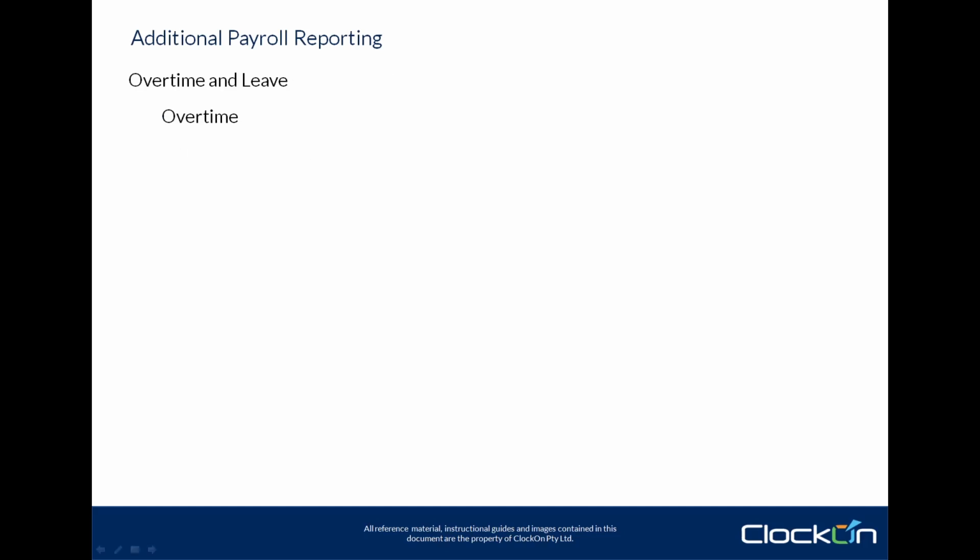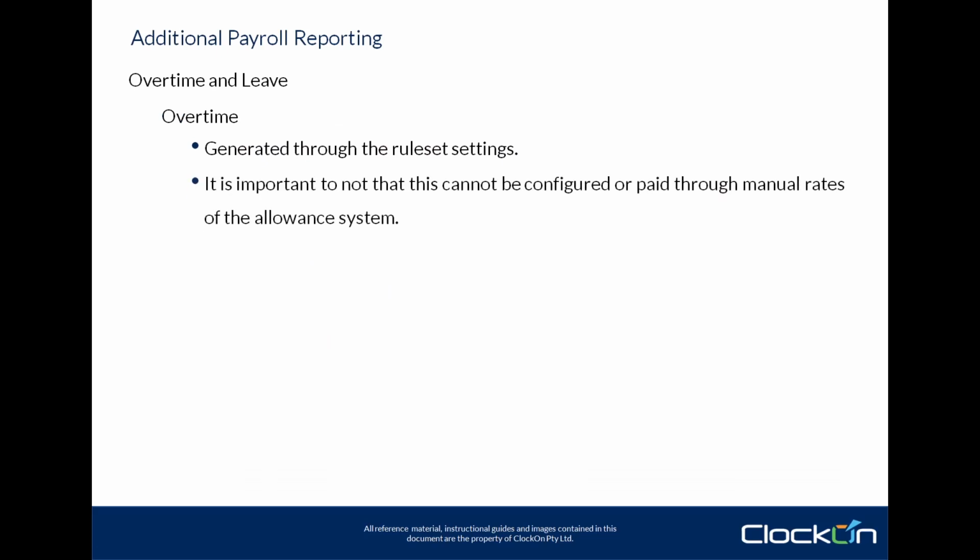Next, we have overtime. Overtime is only generated through the rule settings. It's important to note that with STP2, overtime is recorded. It cannot be configured through an allowance in the system at this time, and special rates as well.